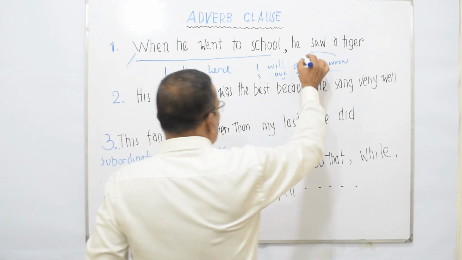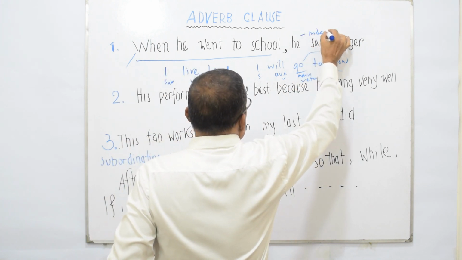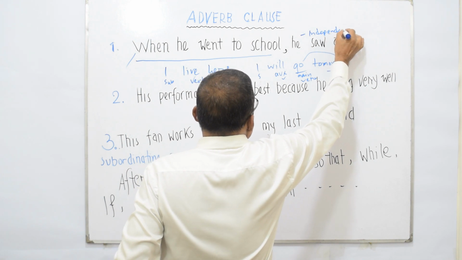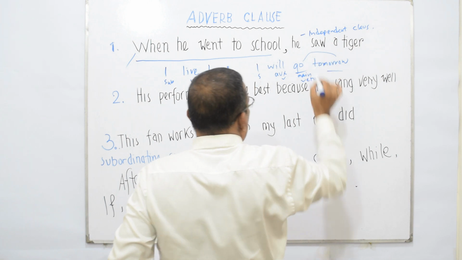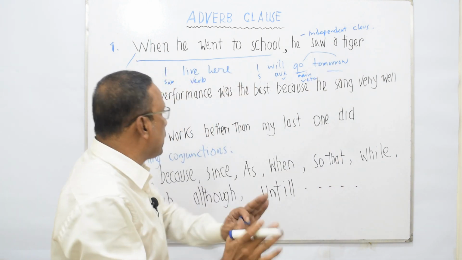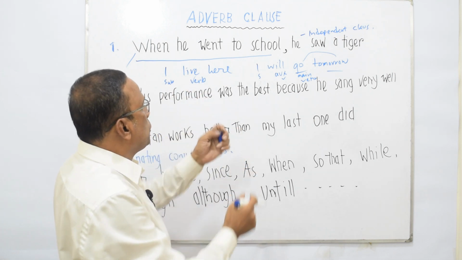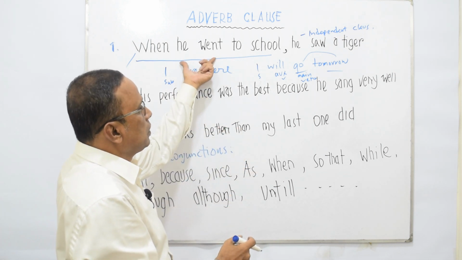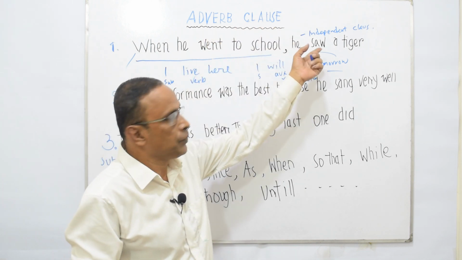This is the main clause or independent clause: he saw a tiger. But when? When he went to school. So this clause is telling when he saw the tiger.